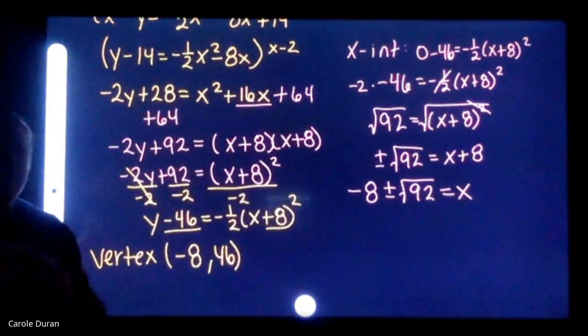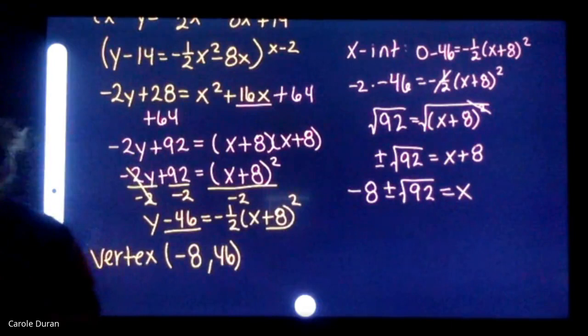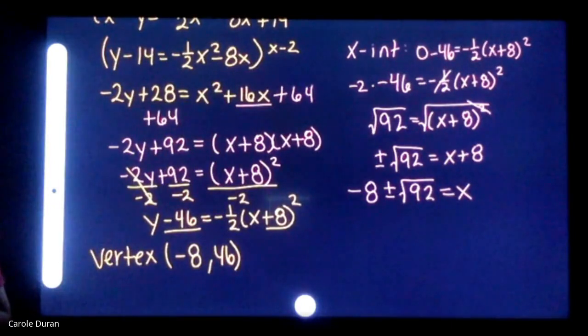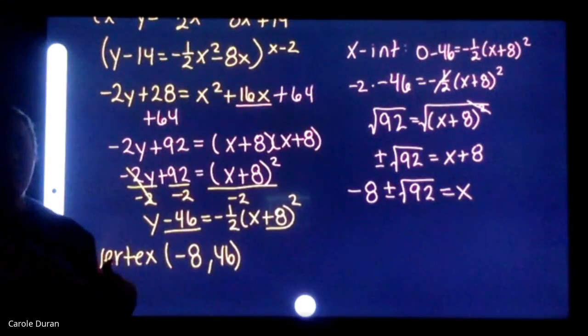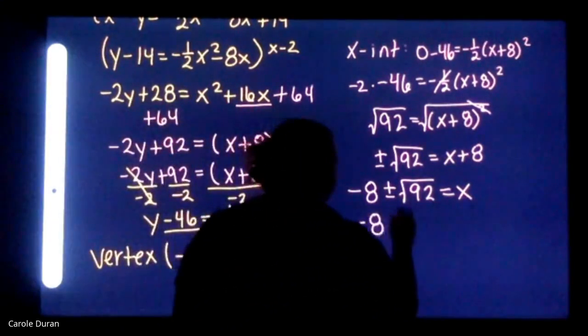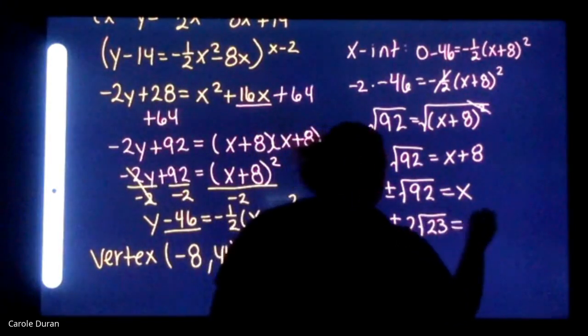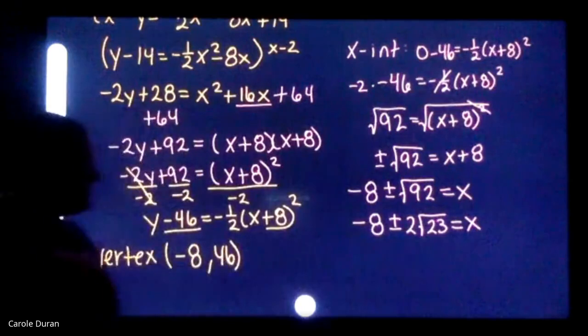However, I'm not finished because I'm pretty sure I can take a perfect square out of 92. After going through my list, it's pretty obvious to me that I can take a 4 out. And the square root of 4 is 2. Which leaves me with -8 plus or minus 2 times the square root of 23 equals x.